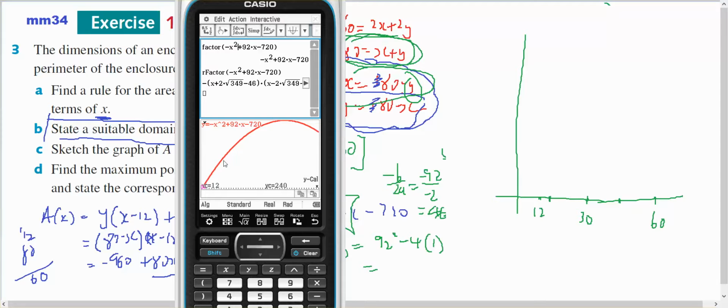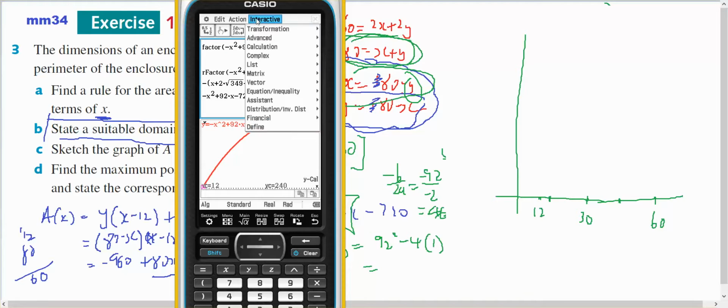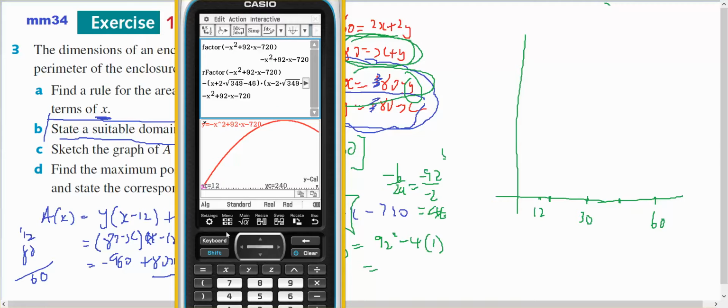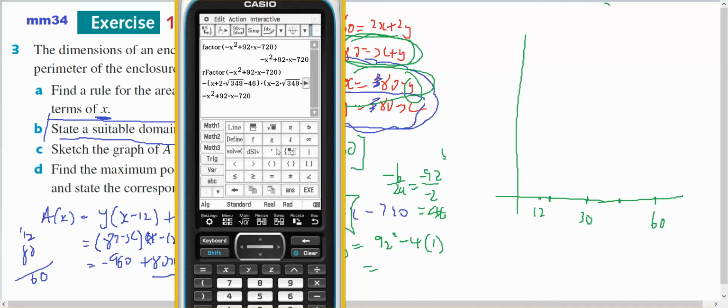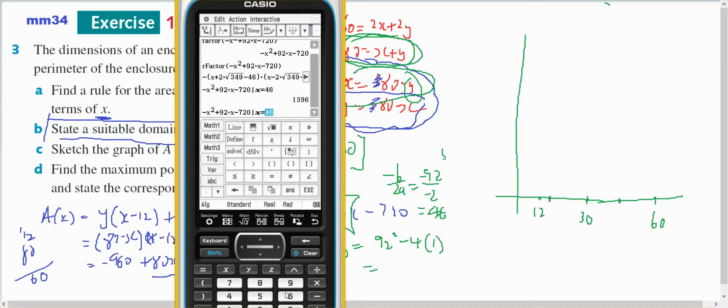And the graph looks like this. So I might go up here and bring this down and do interactive, bring up my keyboard, max, given x equals 46, and also I want an endpoint, which would be 60.